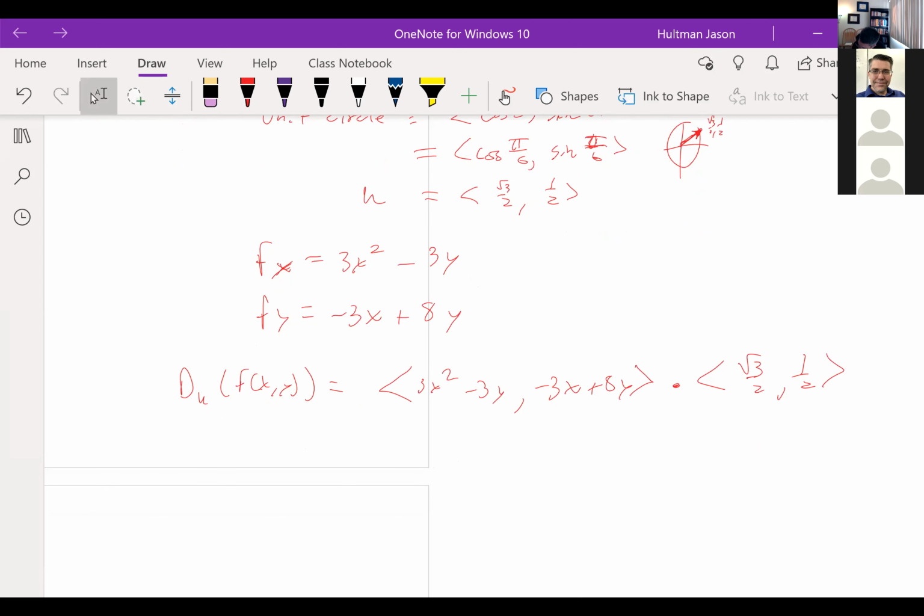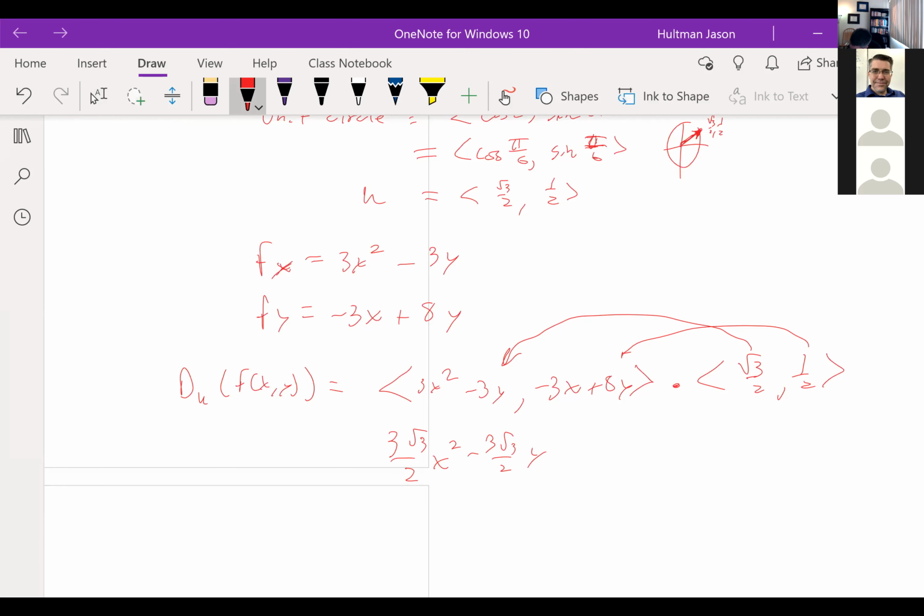I'm just going to distribute this over this one and distribute this over this one. So this is going to be 3 radical 3 over 2 x squared minus 3 radical 3 over 2 y.